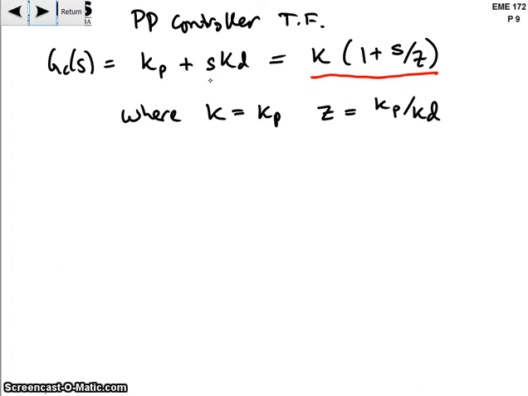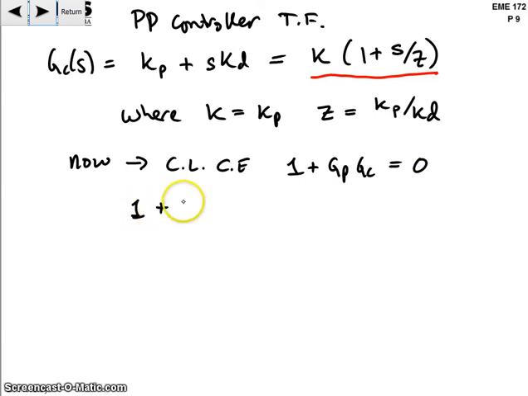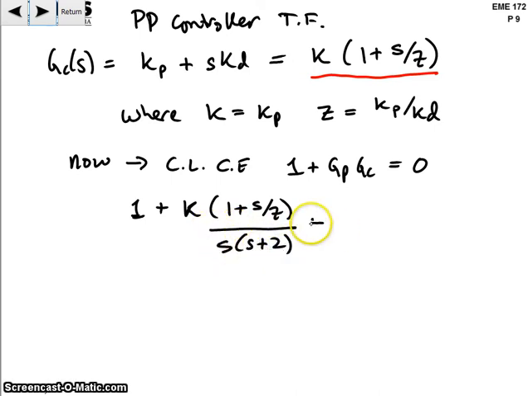So how are we going to do this? Well, the idea is that now we're going to have a root locus plot. The closed loop characteristic equation is 1 plus G_P G_C equals 0. And so we could write it as 1 plus K times (1 plus s over z) over s times (s plus 2), those come from the plant, equals 0.